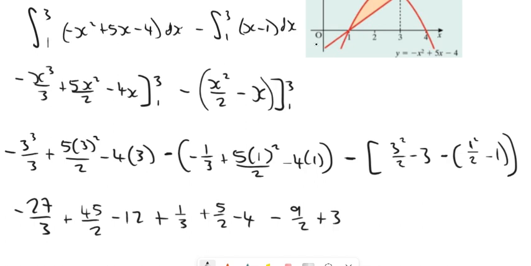Just be careful with the minuses, so minus minus will end up being plus 1 over 2, and it'll end up being minus 1, because the last bit is actually minus minus minus, which gives you a minus.